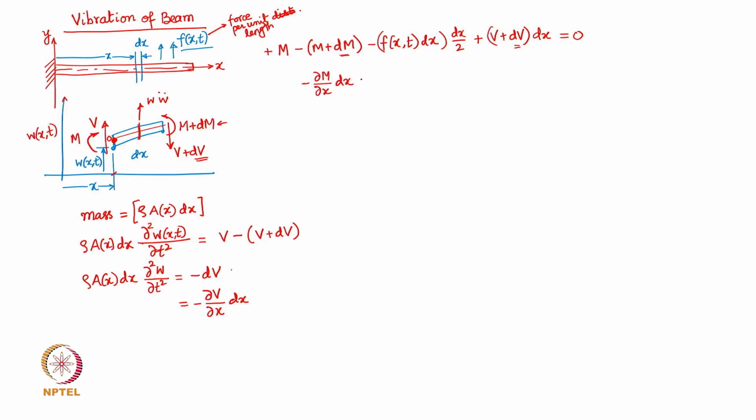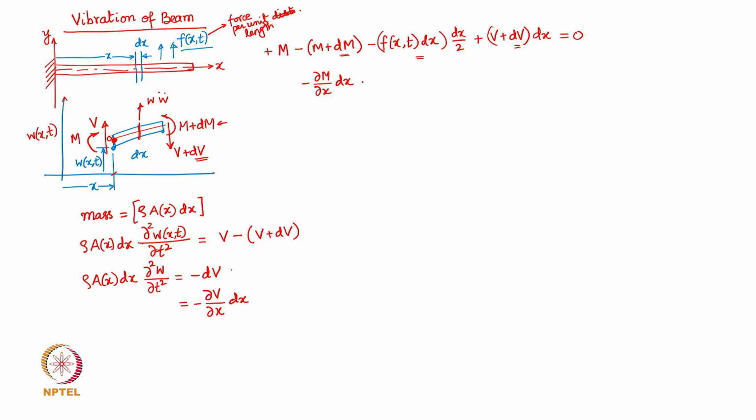And what we are also going to assume is that dx being a very small quantity, the product of dx and this dx would be a negligibly small quantity, and therefore this second term can be neglected.